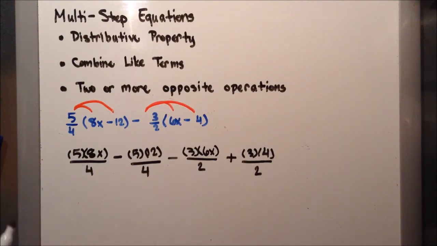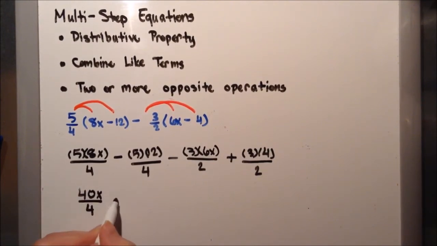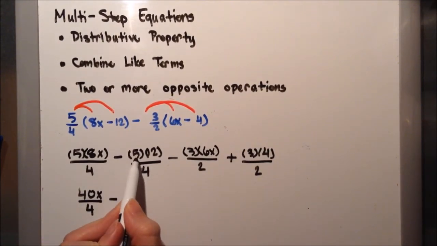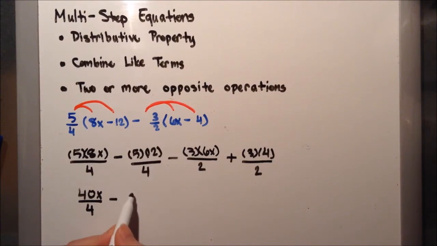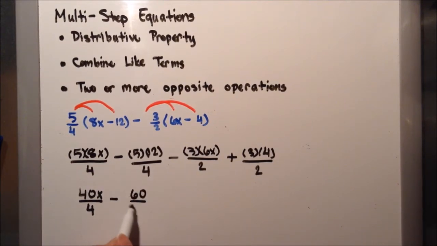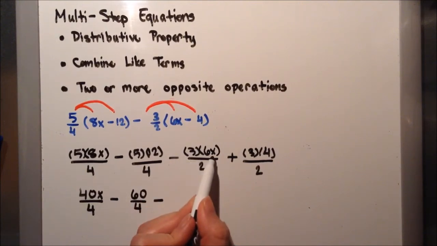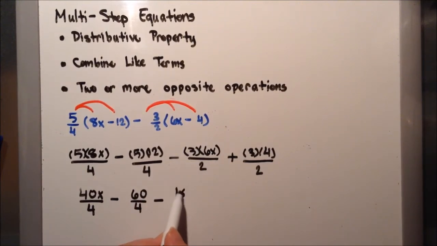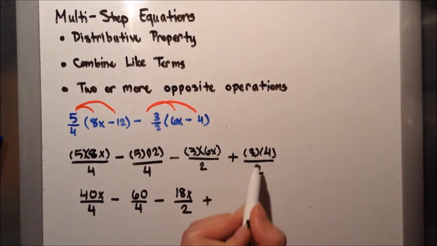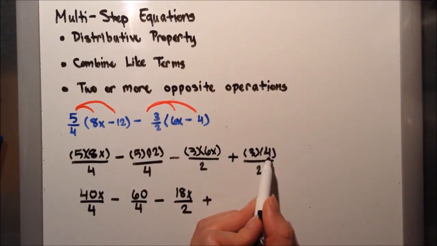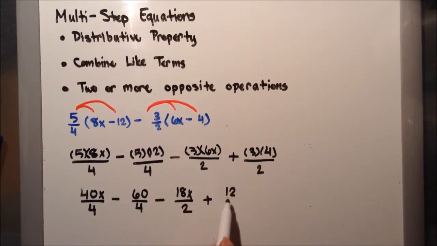So 5 times 8x, that's 40x over 4, minus 5 times 12, that's 60 over 4, minus 3 times 6x, that's 18x over 2, plus 3 times 4, which is 12 over 2.